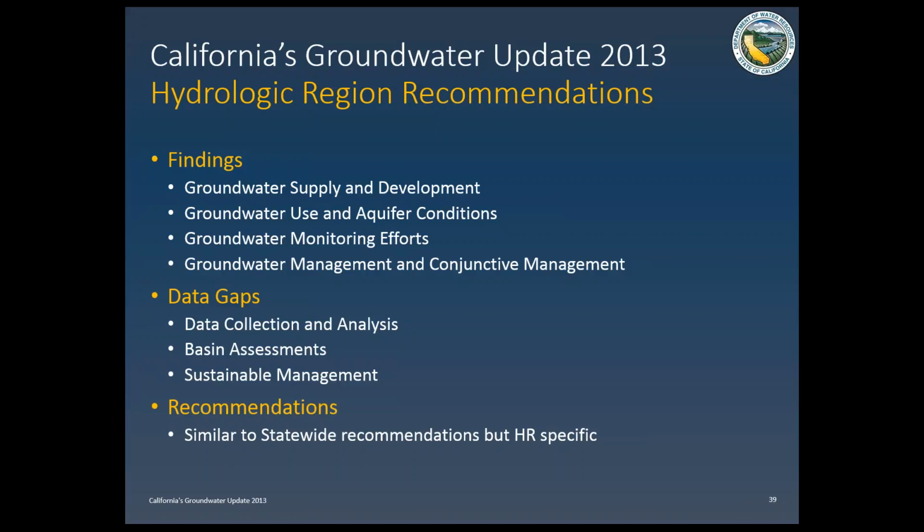For the majority of all the hydrologic regions, when we discussed the data gaps, it was on data collection and analysis. Basin assessments was another gap, meaning limited knowledge on those particular basins, as well as sustainable management that was going on or not going on. Recommendations were similar to statewide, but each one was HR, hydrologic region specific.